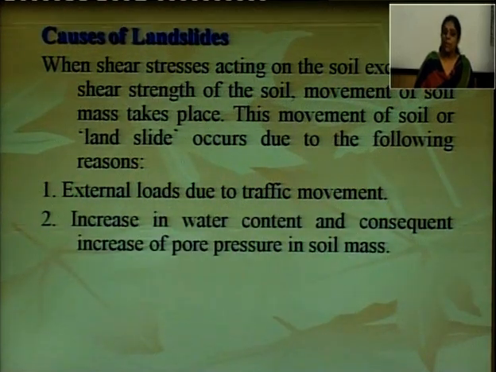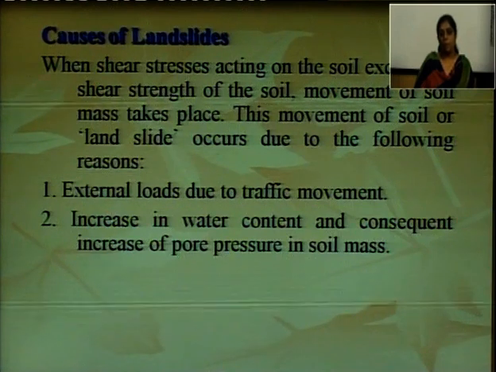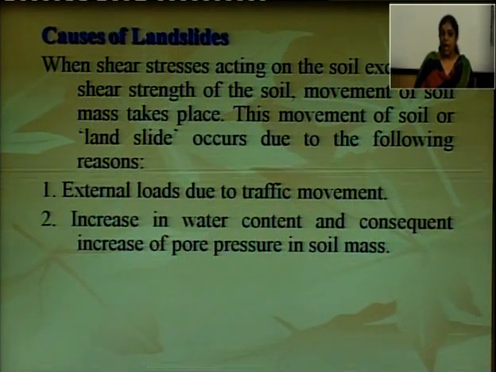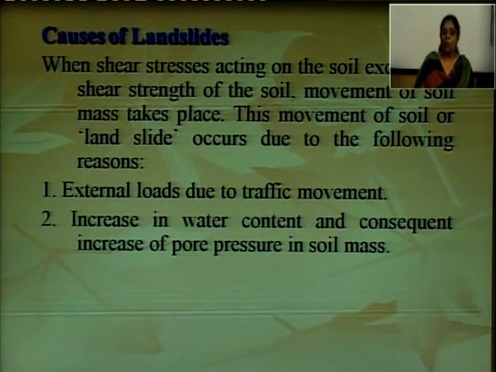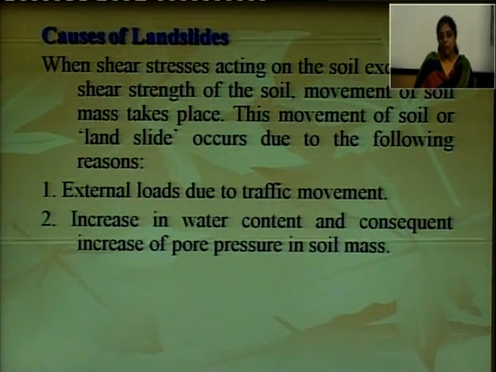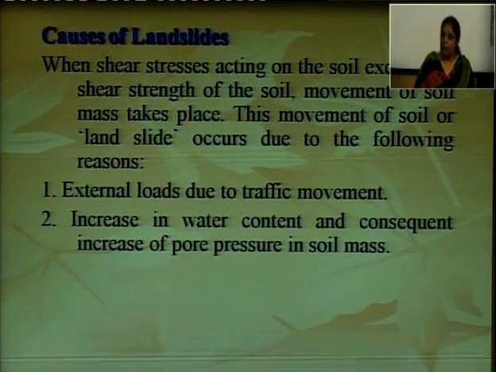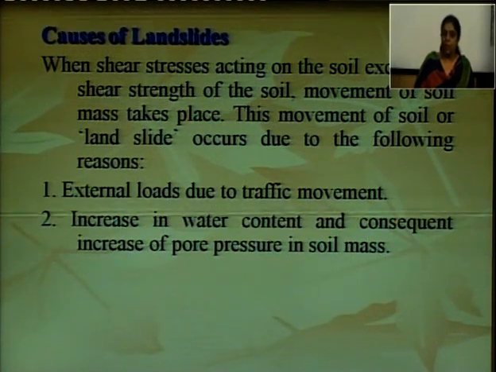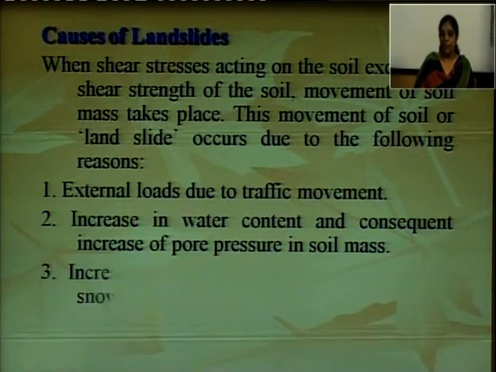Then there is an increase in water content and consequent increase of pore pressure in the soil mass. This happens when the soil on the slope absorbs water, basically as a result of the rainy season, and it results in landslide.